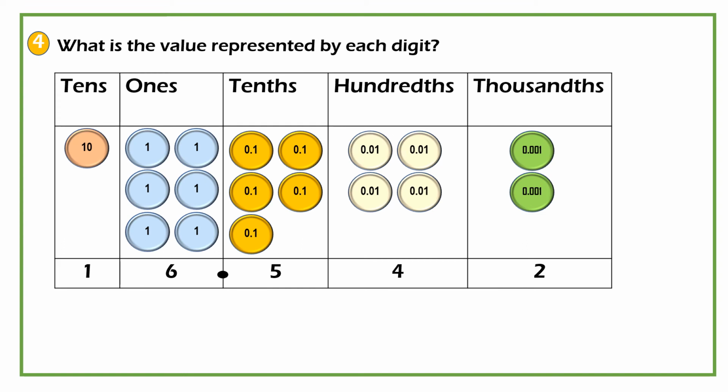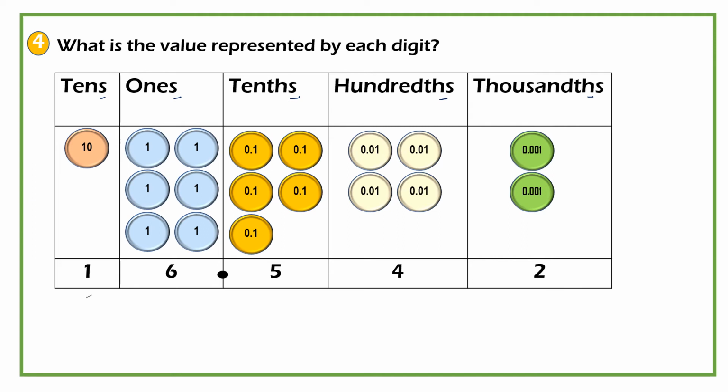Okay, part 4. What is the value represented by each digit? Okay, now note that we have got tens up to thousandths: tens, ones, tenths, hundredths, and thousandths.